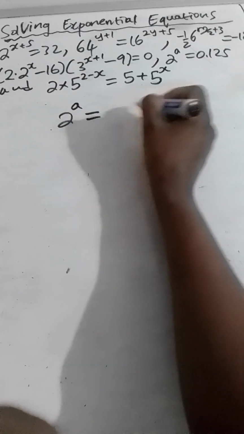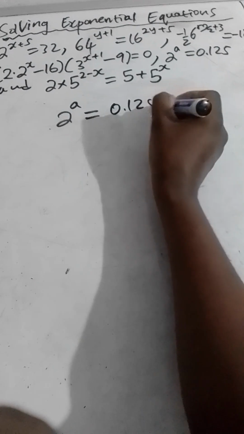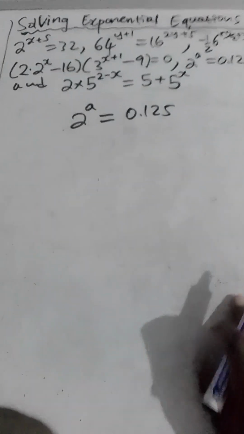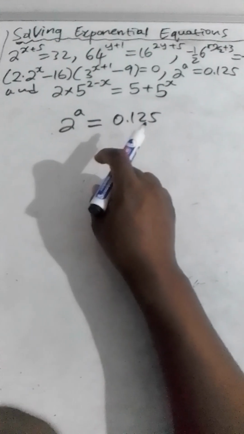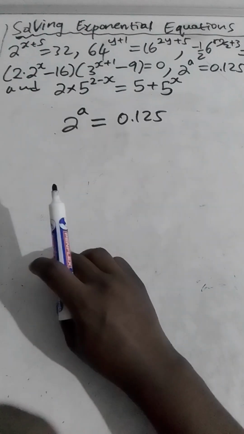Then let's go to the last two. The second last, we have 2 to the exponent a equals 0.125. Now, when doing exponential equations, when you meet a question like this, you must remember that you can change this to a common fraction.